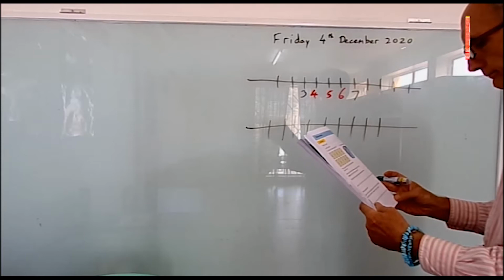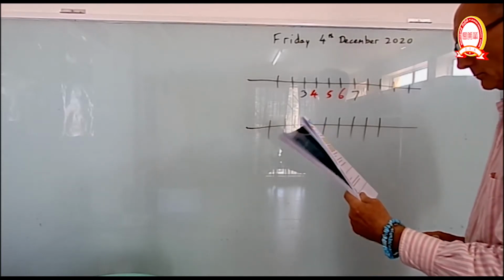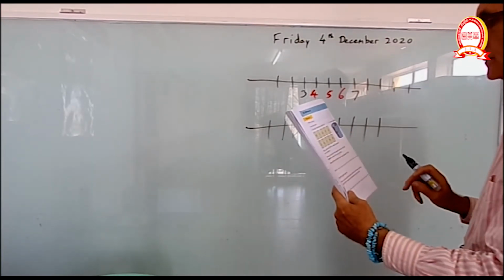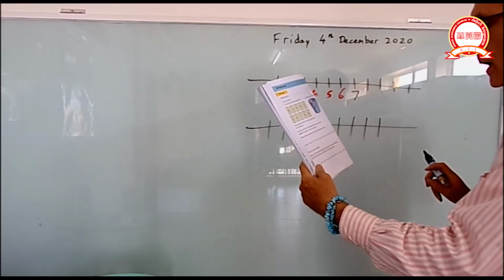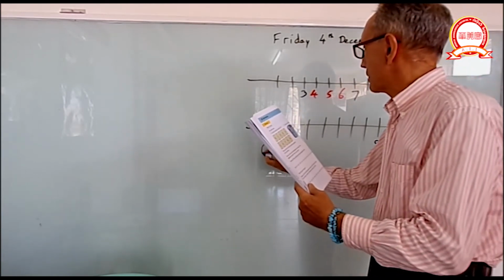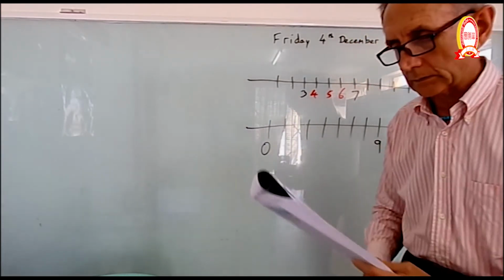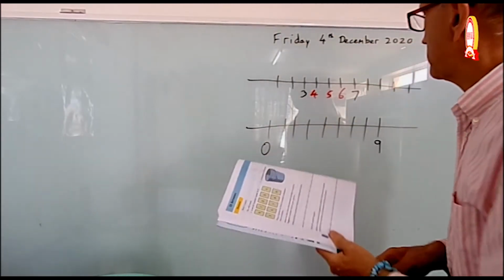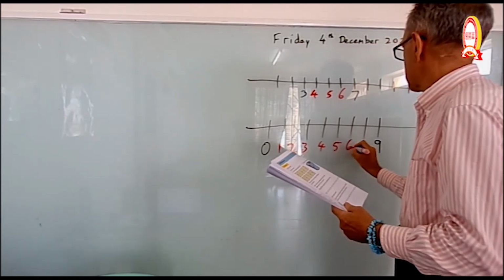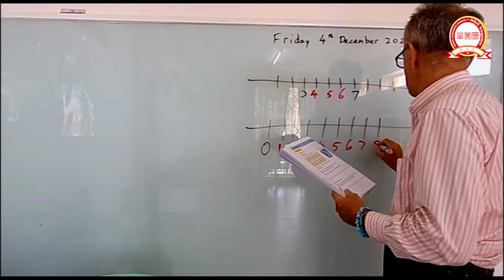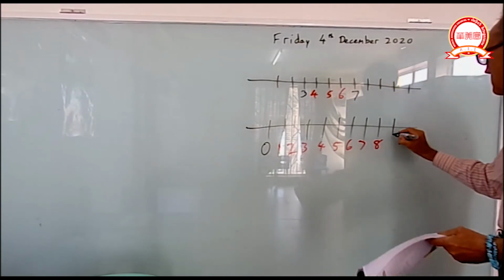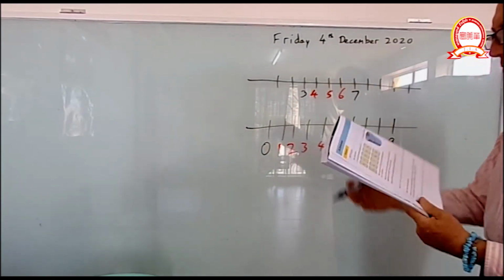If you had all of these numbers and it says mark on the line the highest number, well, that's 9. And the lowest number is 0. So all the numbers in between is 1, 2, 3, 4, 5, 6, 7, 8, 9. So that's what you're going to do for the next part.